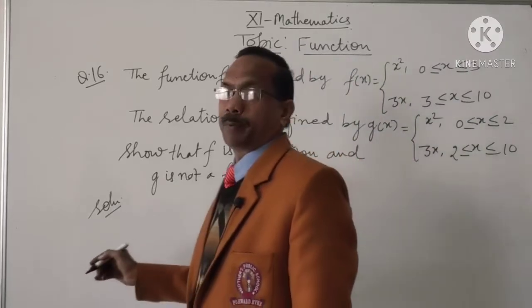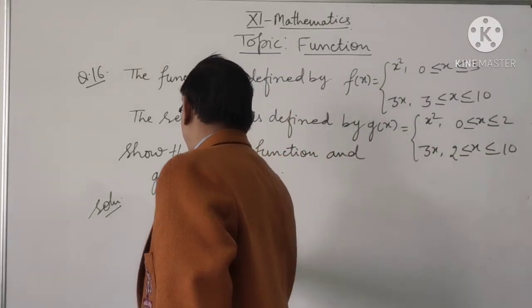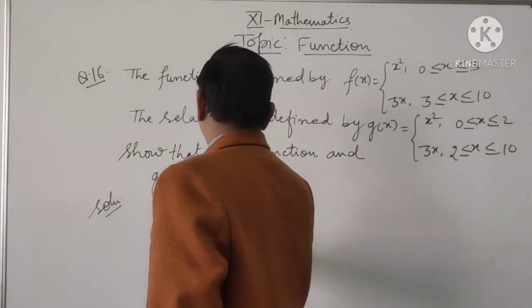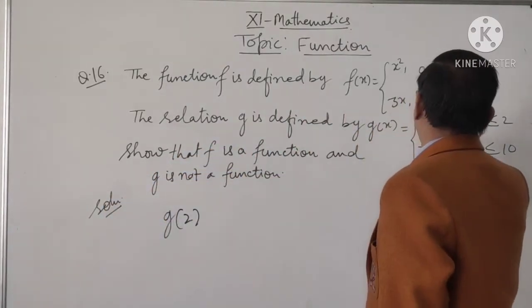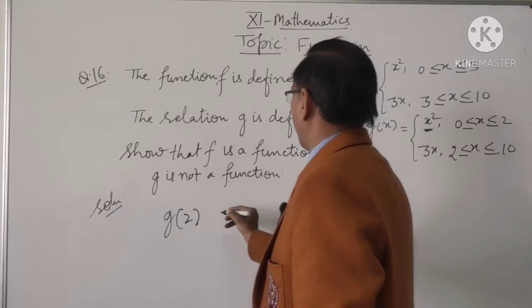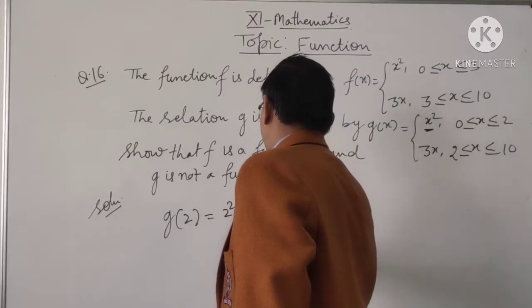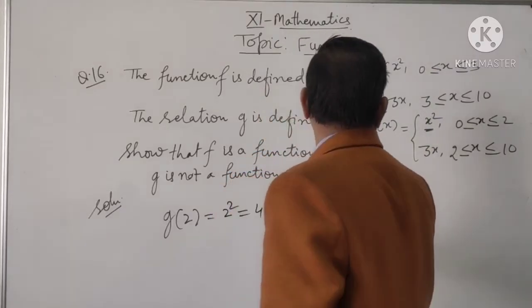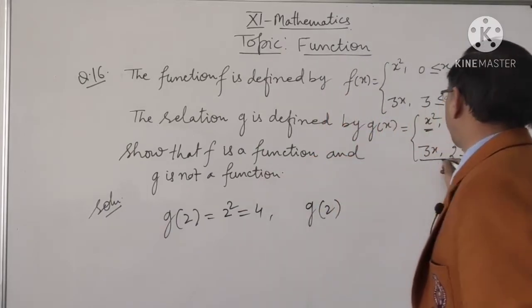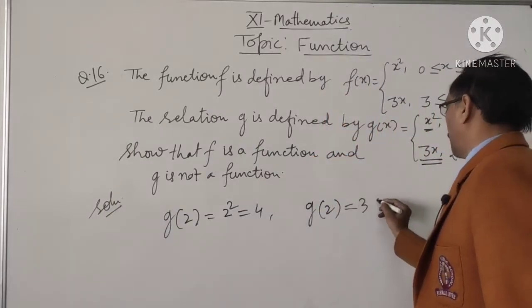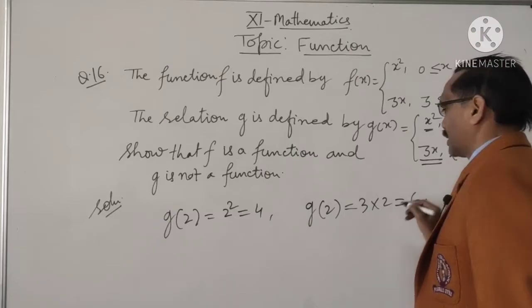First of all, we will check for g. Let us find g(2). g(2) is obtained from the first term: 2 square is 4. And g(2) again from the second term is 3 into 2, which is 6.